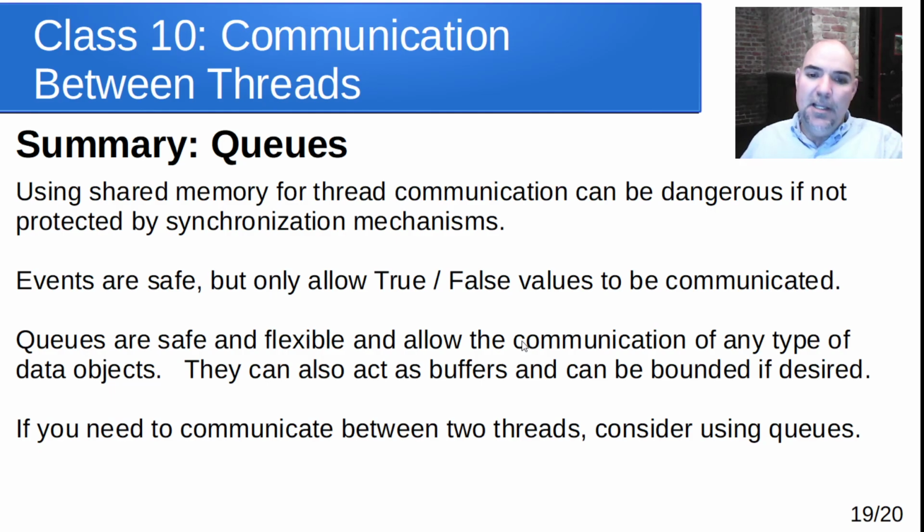But queues, as a general purpose communication mechanism from one thread to another thread, or from a number of threads to one thread, or from one thread to a number of threads, or a number of threads to a number of threads, can be a really powerful and easy to use mechanism for inter-process or inter-thread communication.